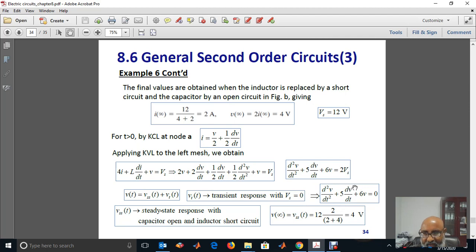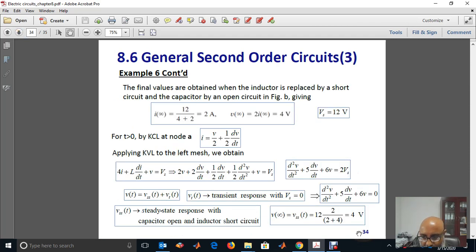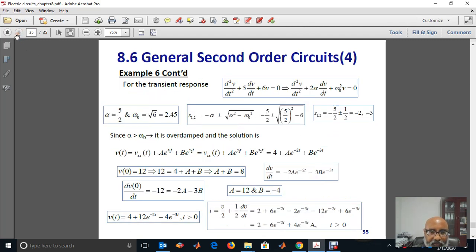The steady state value of V at infinity, the voltage across the capacitor, is 12 times, by voltage division, 2 over 2 plus 4, which is equal to 4 volt. So we need to solve the transient response.